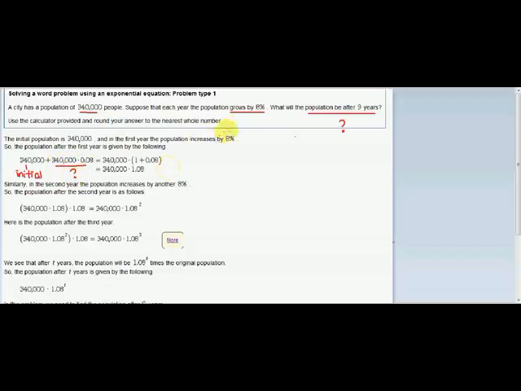It says that the population will grow by 8% every year, right? So in the first year, at the beginning, we have 340,000, and it's going to grow by 8%. So how many people extra are we going to have? We have 340,000 multiplied by 8%, which is 8 over 100.